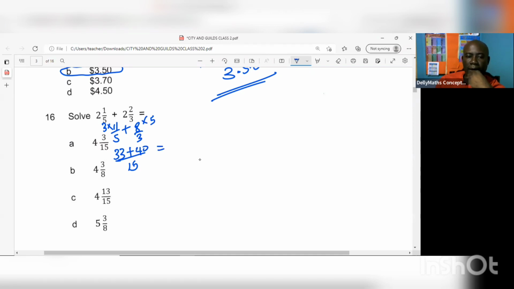We're looking at 73 over 15. 15 into that goes 4 times, that is 60, and remainder 13 over 15. So we're looking at that.